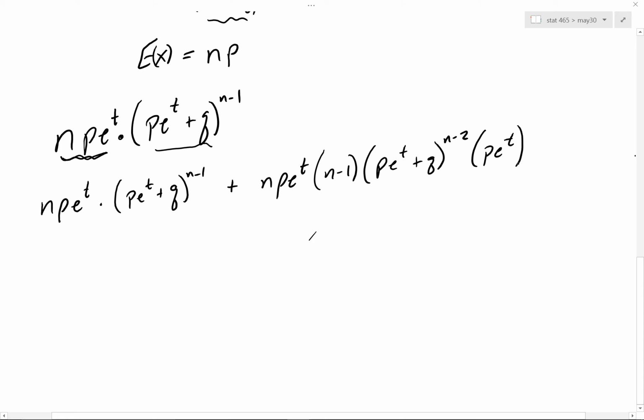Right? Okay, that's pretty cool. Now check this out. If you let this thing be evaluated at t equals 0, what ends up happening? Well, this becomes np.